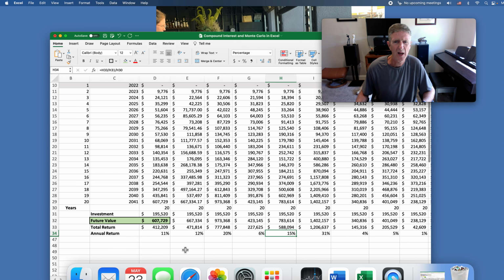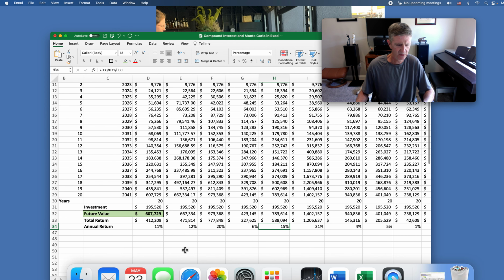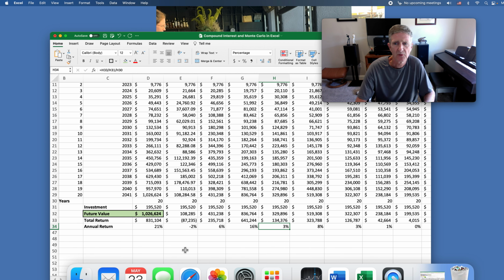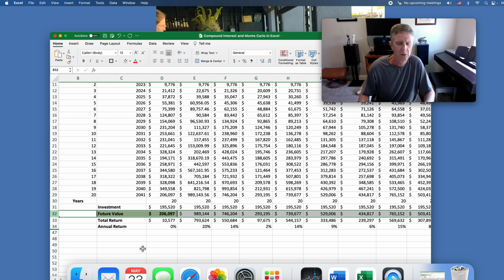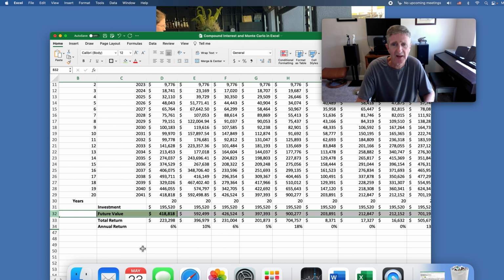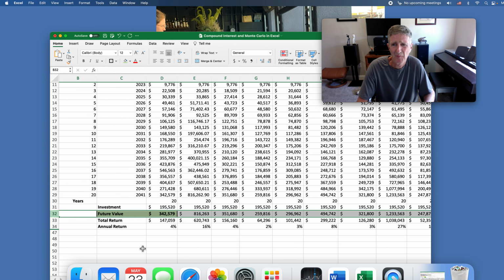But watch the values before we get into more explanation. Watch them change. Watch how high and low they get. So see if you get something that you like in this column 32. Do you get 500 or do you get less than that? Sometimes you get a lot more, sometimes you get a lot less.